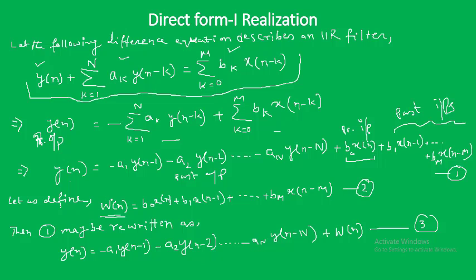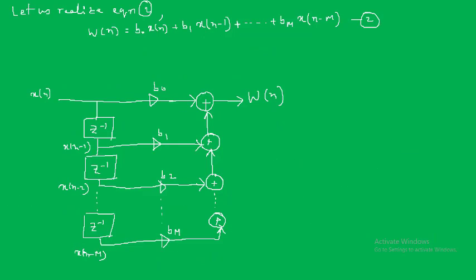Using this w of n, the equation can be written as y of n being a function of the past outputs and w of n. In this way we are representing it. Now let us try to realize it one by one.